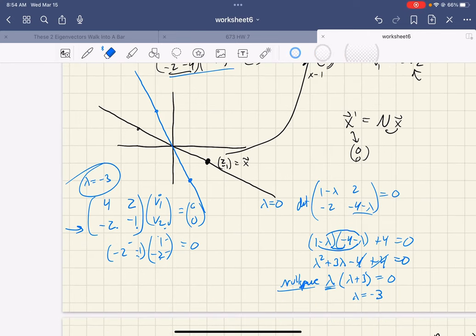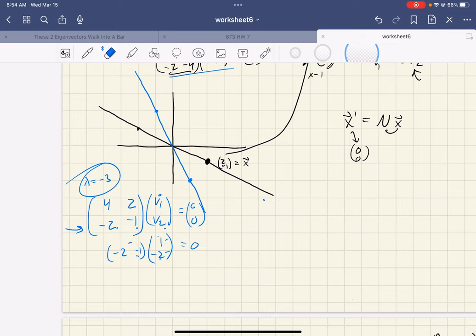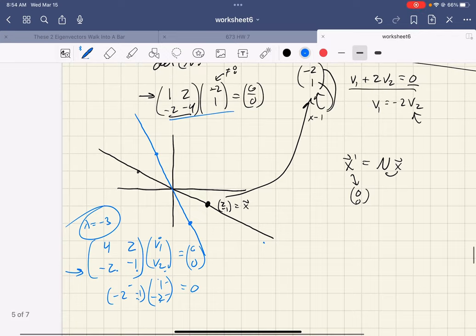let's try and do something like an eigenvalue decomposition. So this matrix N, which is 1, 2, minus 4, is equal to, at least we hope, you stack up the eigenvectors.